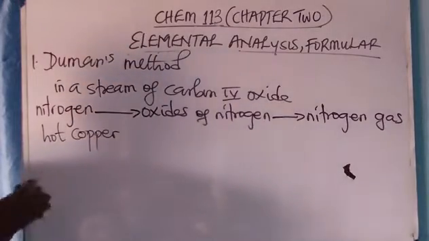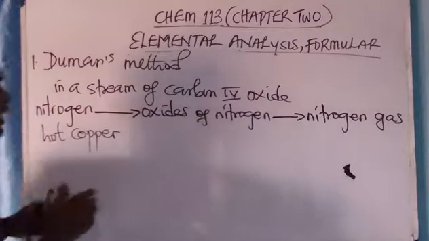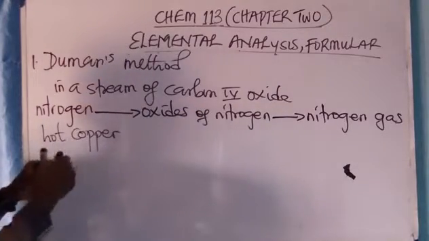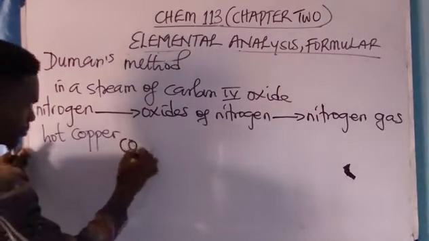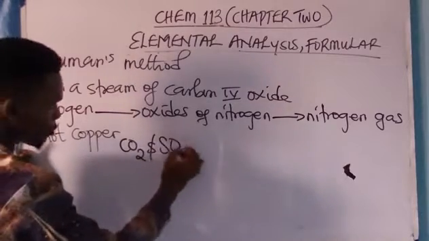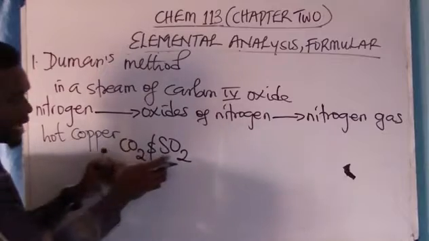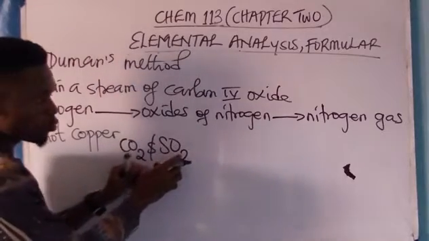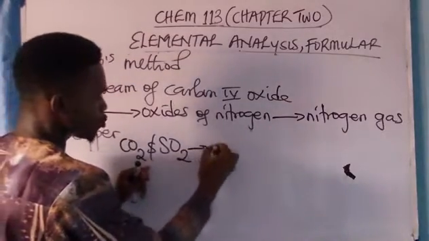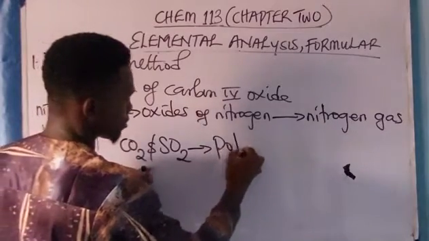Now, after this experiment, if there is any trace of carbon(IV) oxide or sulfur(IV) oxide in the compound, it will be passed through potassium hydroxide.